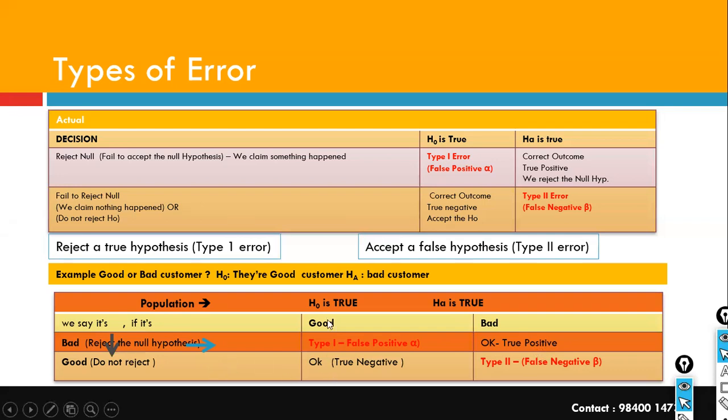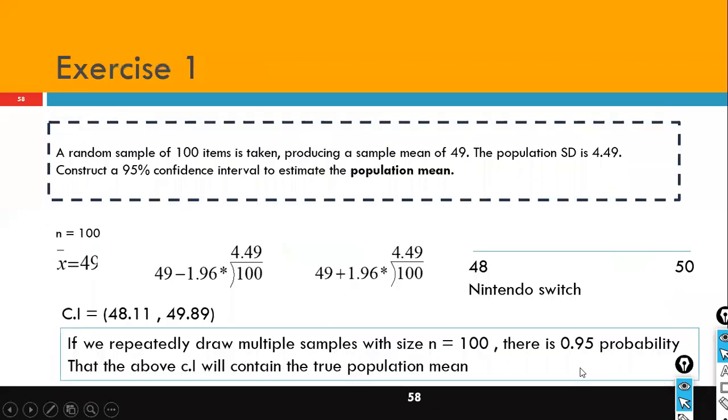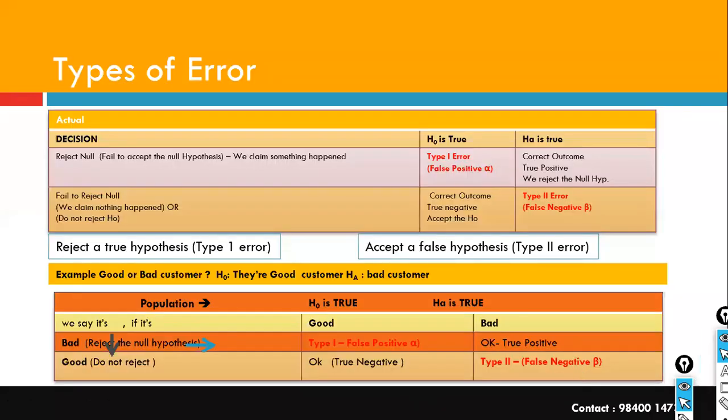And if a person is good and as per your hypothesis testing also good, then it is okay. But where the person is actually good, but your test says bad, then that is called your false negative, type 2 error. Okay, got it?